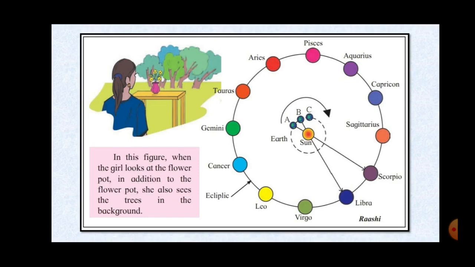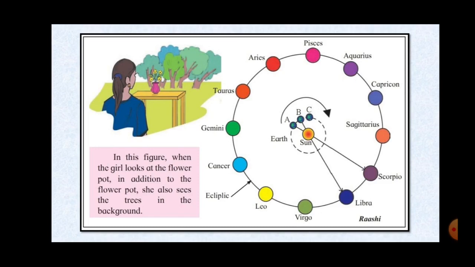Now, as the earth keeps on changing its position, the different constellations or zodiac signs or rashis appear behind the sun. With the help of this picture, you can very clearly see the sun is in the center and A, B, C are the positions of the earth, and these different constellations are present around it. So as the earth is moving, the constellation changes.